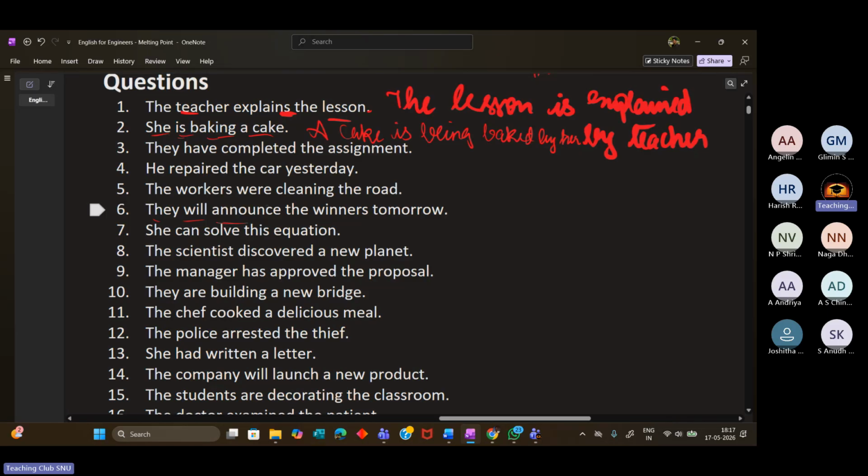Okay, and then figure out the subject and object of the sentence. Here the subject is they, the object is winners. Tomorrow is just some auxiliary word, we can take care of that. Somehow we can fit tomorrow in.